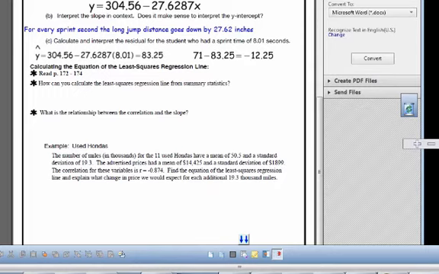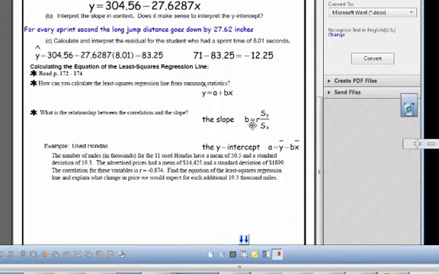So, how can we calculate the least squares regression line from summary statistics? Remember that y hat is equal to a plus bx.